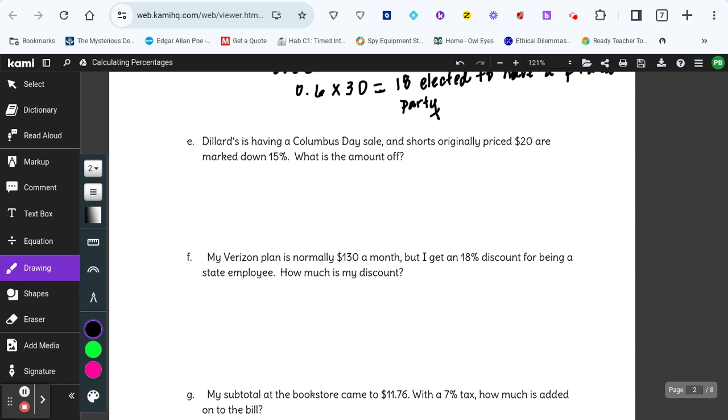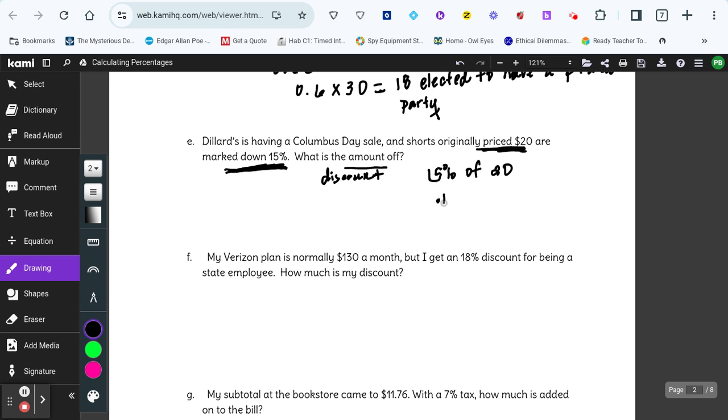Dillard's is having a Columbus Day sale, and shorts that are originally priced at $20 are marked down 15%. What is the amount off? Okay, so this again is a discount. So they're marked down. So 15% would come off of $20, the original price. So we've got to figure out what is 15% of $20.